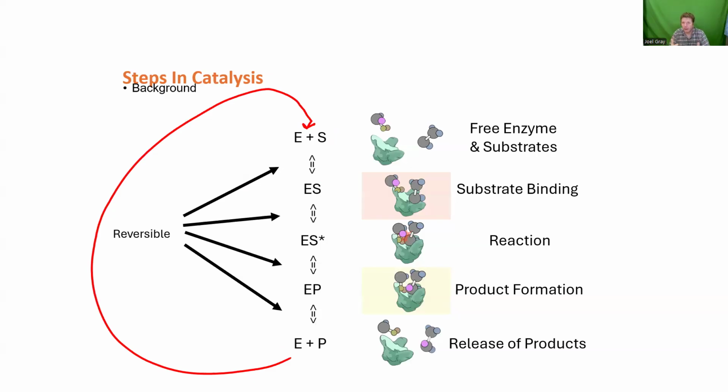The benefit of a biological catalyst is that it is ready to go again. It produces the product, round two, round three, round four, and it just keeps going and going, because all the enzyme needs are the two substrates or the single substrate, whatever that may be, and it can carry out its reaction over and over again. So when you hear free enzyme, think about how it can bind to the substrates, and/or it has just released products.